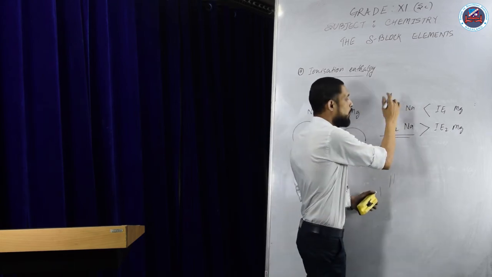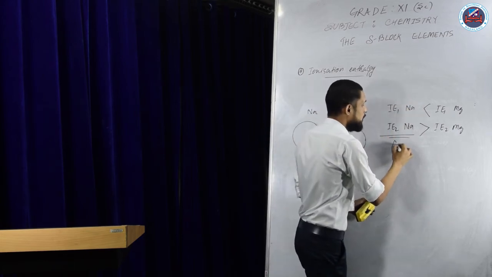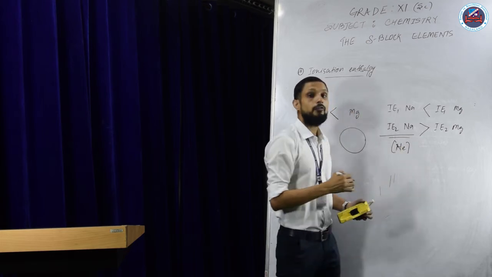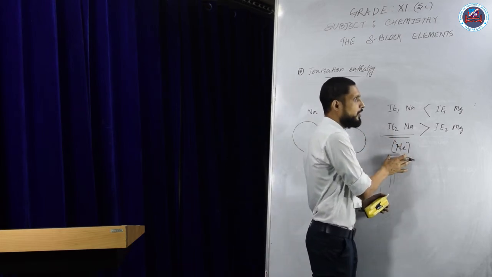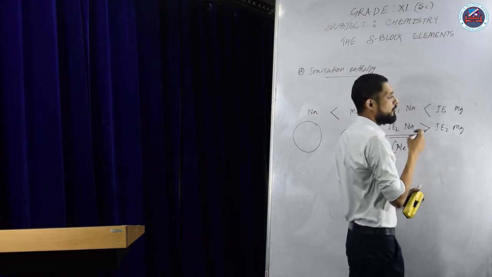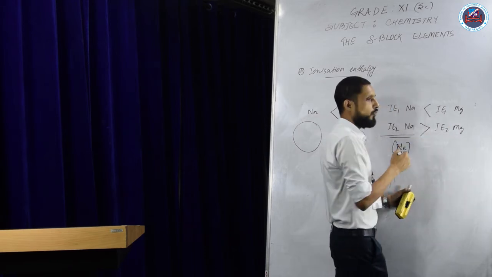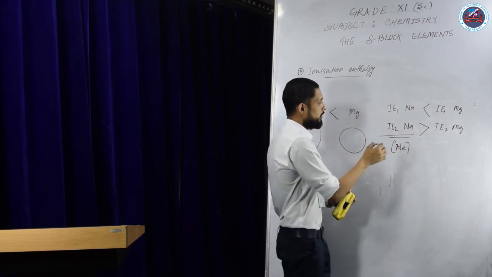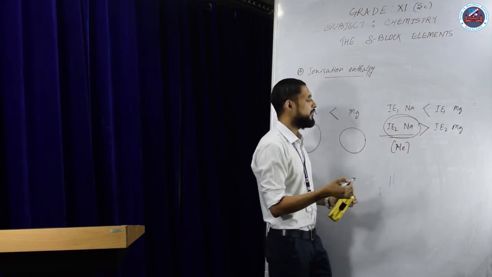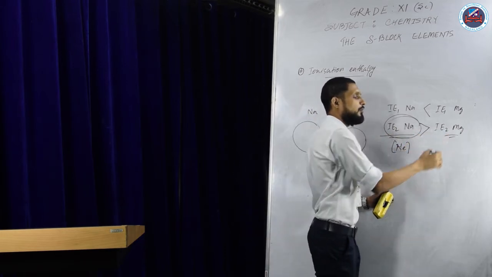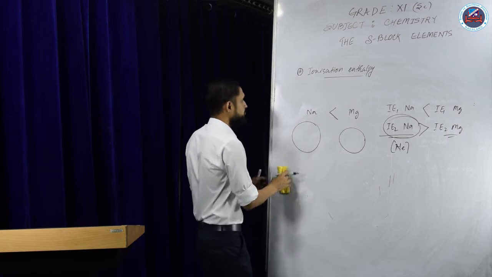Sodium, after losing one electron, will have the inert gas configuration of neon. So it's more stable than the electronic configuration of magnesium in +1 state. That's why the second ionization enthalpy of sodium is more than the second ionization enthalpy of magnesium.